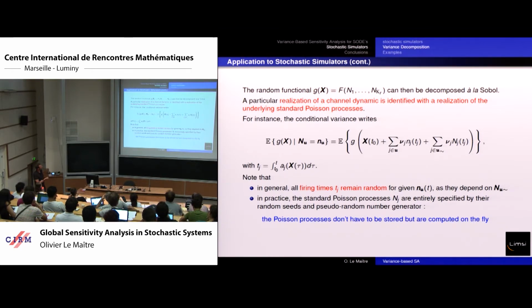You may fix the value of some of the Poisson processes associated to a subset of channels, and you can resample the other ones. And then you can compute the correlation to get the sensitivity indices. So if you already have this Kurtz representation, you already have all you need to answer the question of what channels are important in terms of variability.